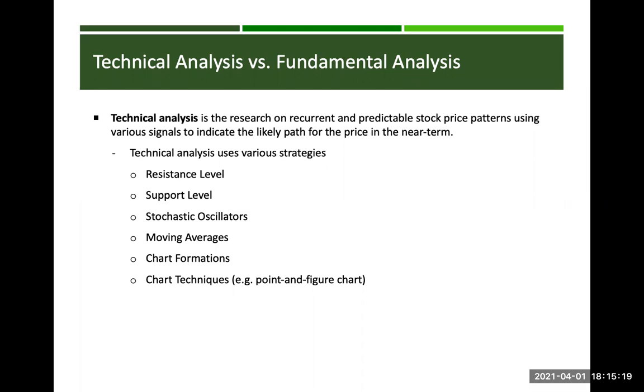Support level is where, if a stock price or an index is falling, there's a level where it offers some support, and it could be psychological. So it will not really go below that. If it does, it won't be for very long. And there are lots of things.